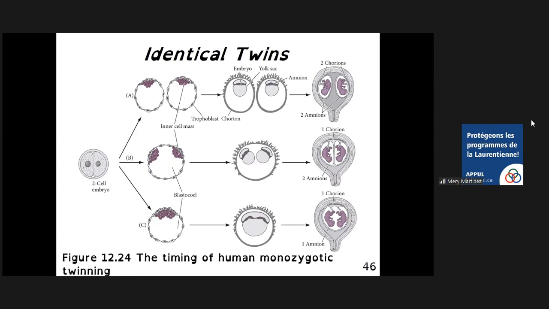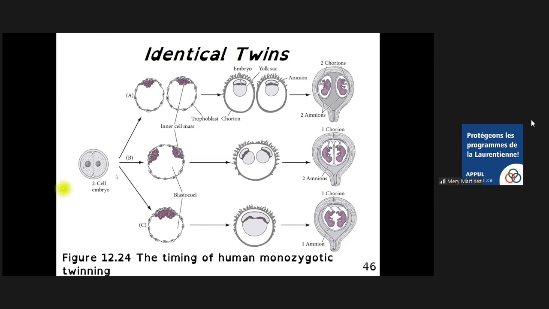Let's go through line A, this one. Here we're going to have separation normally occurring before the formation of the trophoblast. How do we know that? We know already that the trophoblast is the one that forms the chorion, right?